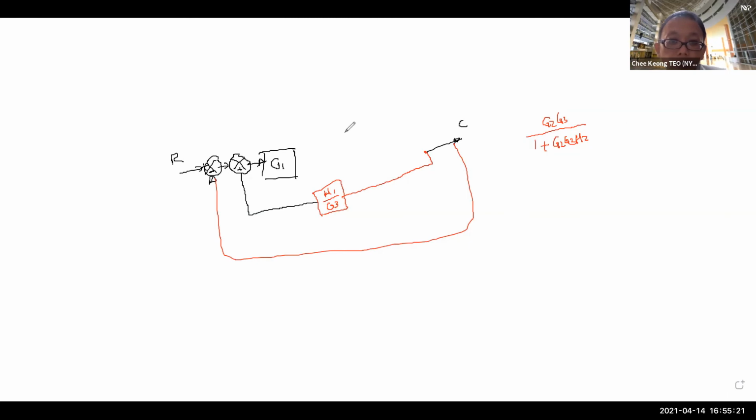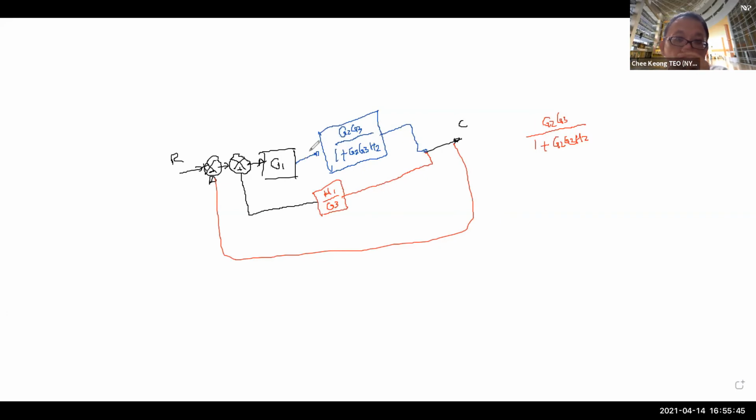So it's basically G2, G3 over 1 plus G2, G3, H2. So this is a new equivalent here, which you connect to here and connect to here.